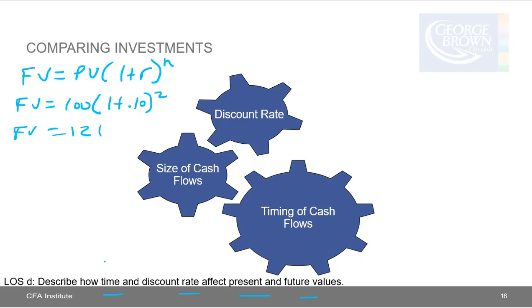So it says describe how time and the discount rate affect present and future value, and we're focusing on the future value for now. Let's say we change it from 2 years to 5 years. Let's bring up the calculator.